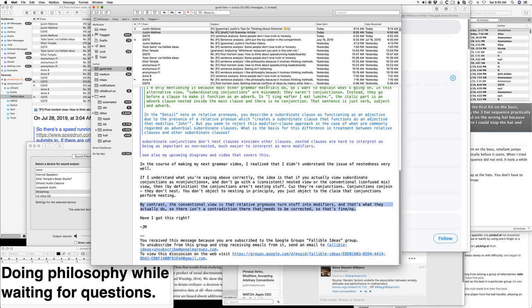I think I basically agree with the standard view on relative pronouns. A modifier is a nested thing. I don't think relative pronouns are explained terribly well.